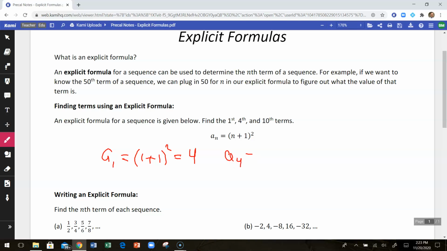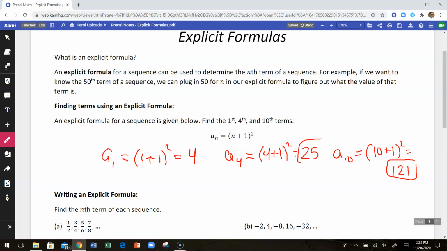A of 4 would be 4 plus 1 squared, which would be 25. And a of 10 is going to be 10 plus 1 squared, which is going to give us 121. So with an explicit formula, I just plug in whatever term number I want for n, I work out the formula, and that gives me the answer.